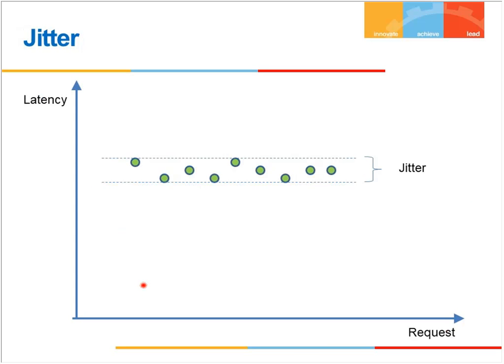And the variation: each request is on the x-axis, and the time it takes to respond, the latency, is on the y-axis. Sometimes the response takes more time, here it takes a little less time, and so on. The difference between the upper limit and the lower limit, that variation, is called the jitter.